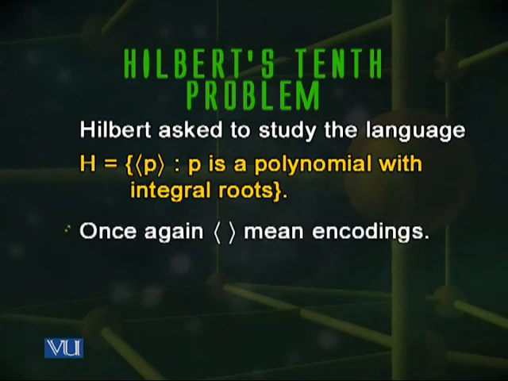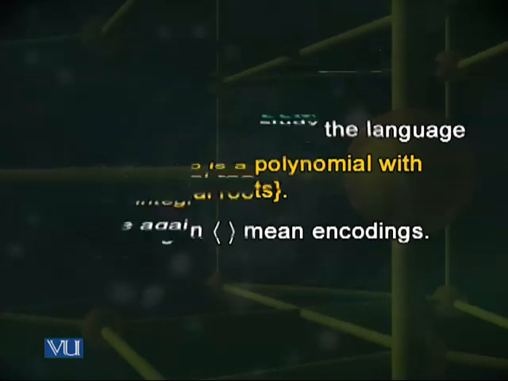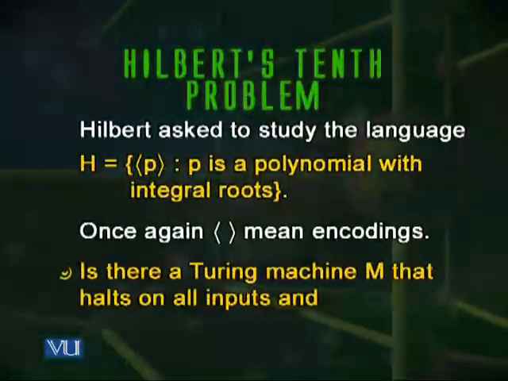Here once again, the angle brackets are saying that we'll encode the polynomial in some way. There can be many ways of encoding polynomials, and it is your exercise to find at least one way of encoding polynomials. So Hilbert's 10th problem formally and in our language is given as follows.